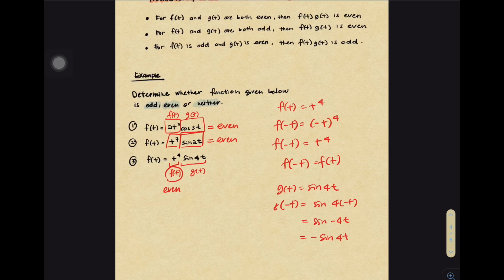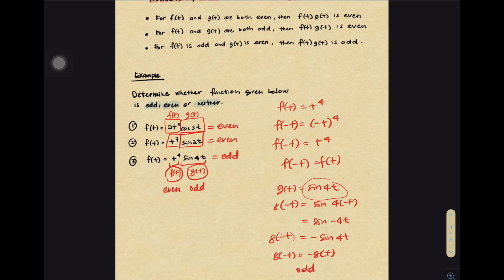So you don't have g(-t) equal to g(t), but you have g(-t) equal to negative g(t), means your function here is an odd function. So you have f(t), an even function, multiplied with g(t), an odd function. Even multiplied with odd will give you an odd function. So your function f(t) equal to t to the power of 4 sine 4t is an odd function.